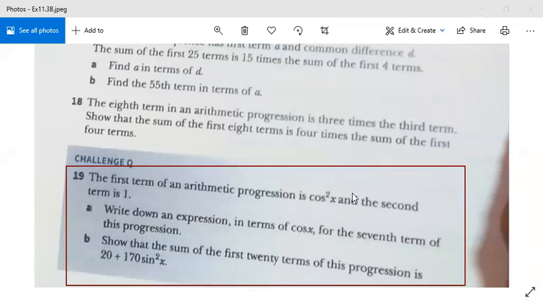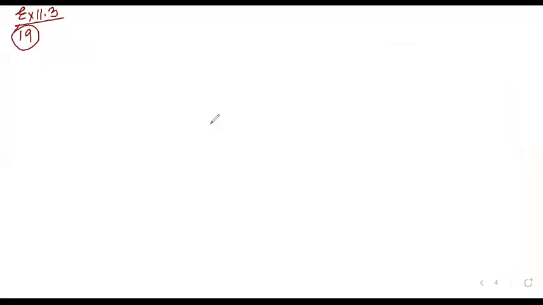Okay, part 19. The given is: the first term A is cos square x, and the second term T2 is 1.